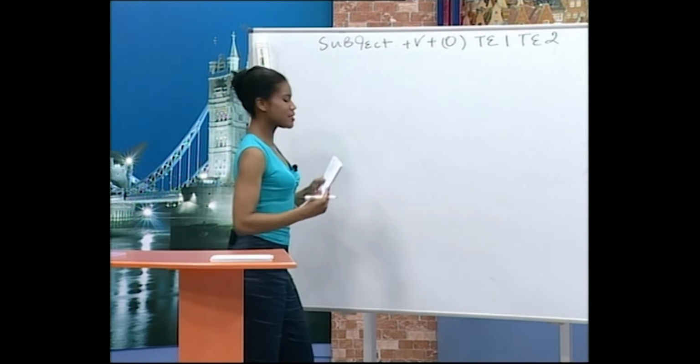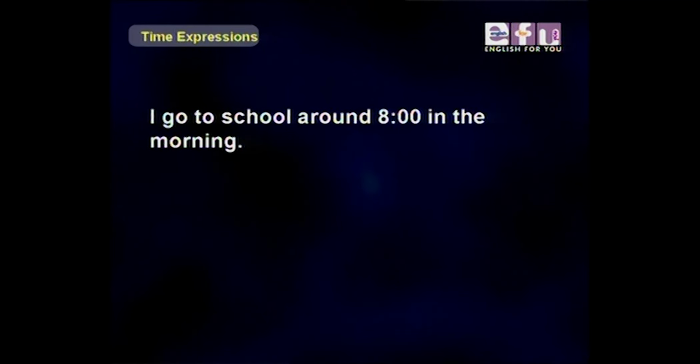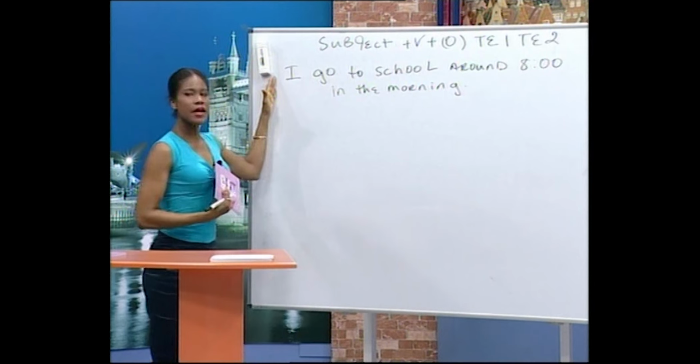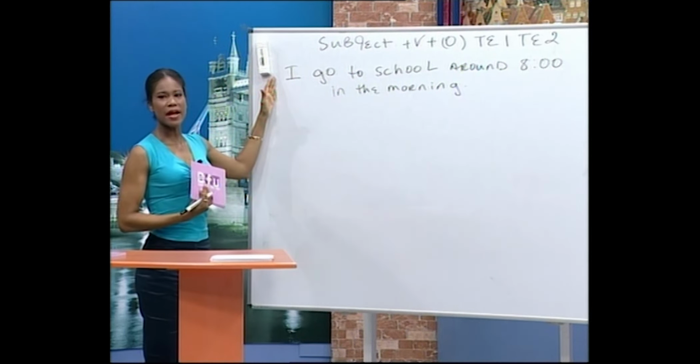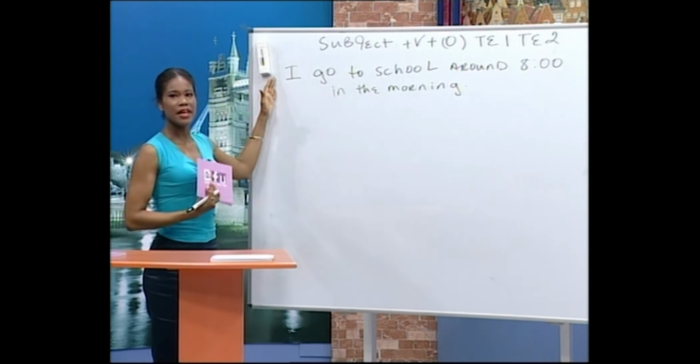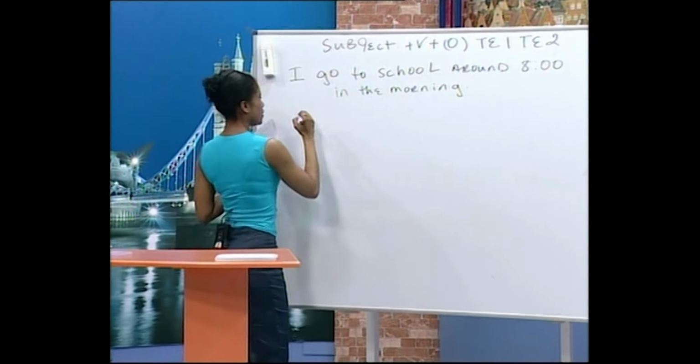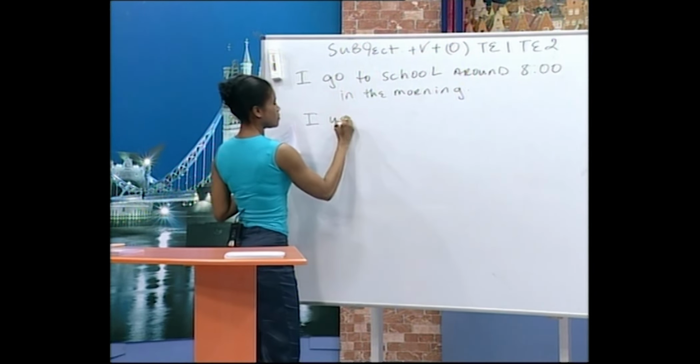Now let's look at some examples. I, subject, go, verb, to school is your object, around 8 o'clock, your first time expression, in the morning, second time expression. So I go to school around 8 o'clock in the morning. Next example.